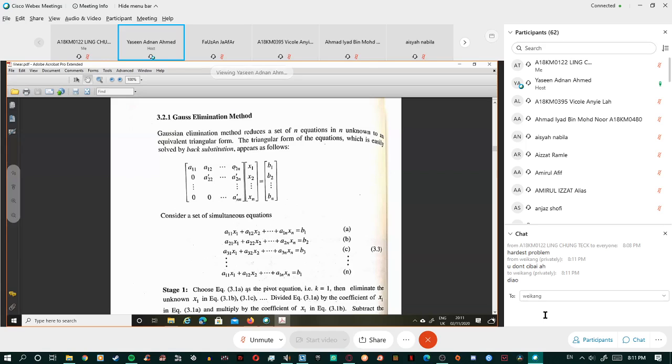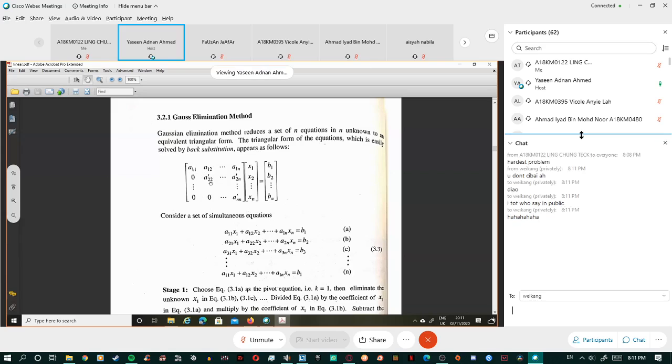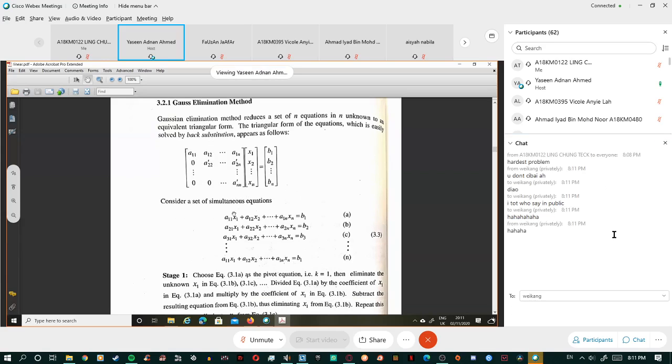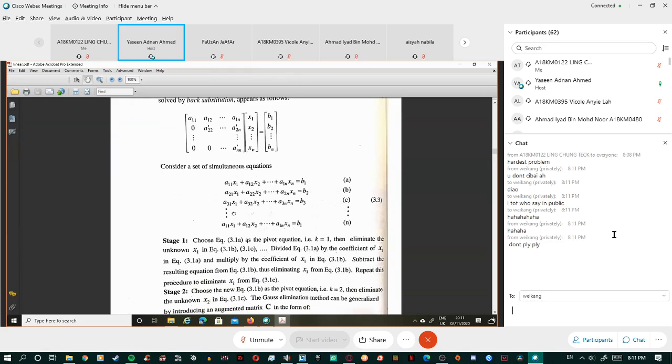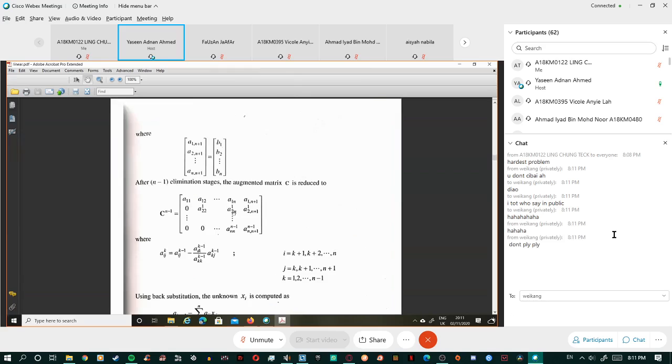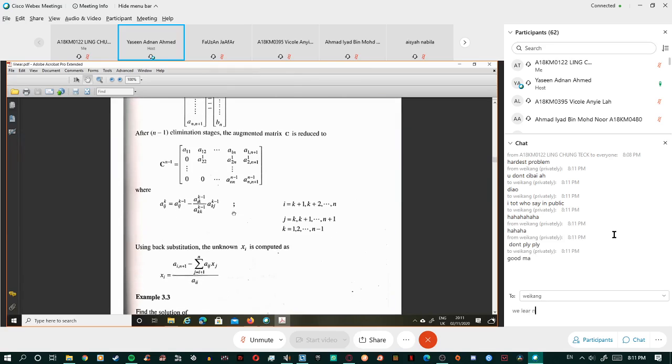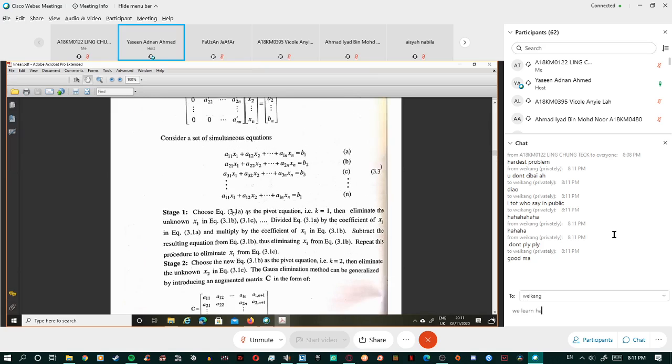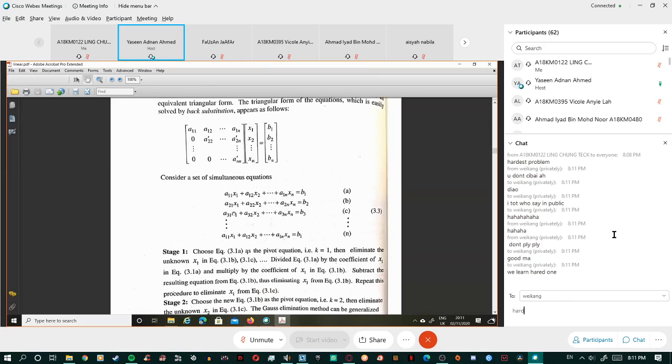Okay, so we try to reduce or eliminate some terms from the matrix, and we try to make the coefficient matrix an upper triangular matrix, and after that we try to use the backward substitution. Okay, so these things are already explained. How we can do that, the strategy is already explained.